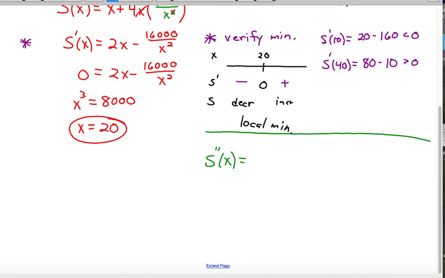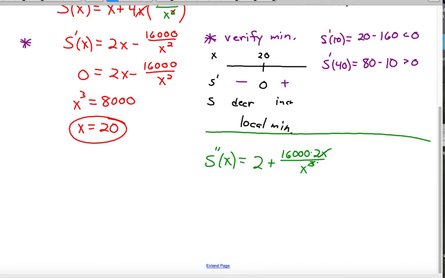Here, though, you can see if we calculate the next derivative, we're going to get 2 plus the derivative of that, which is a negative second power, so it's going to be a plus 1,600 times 2x over x cubed.